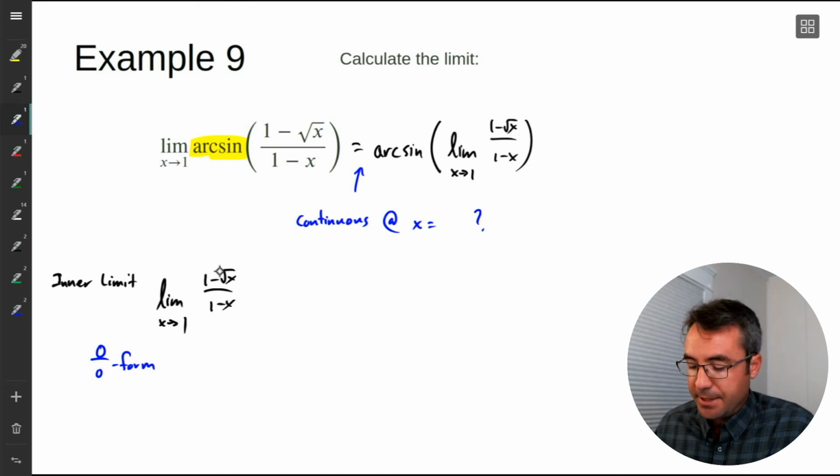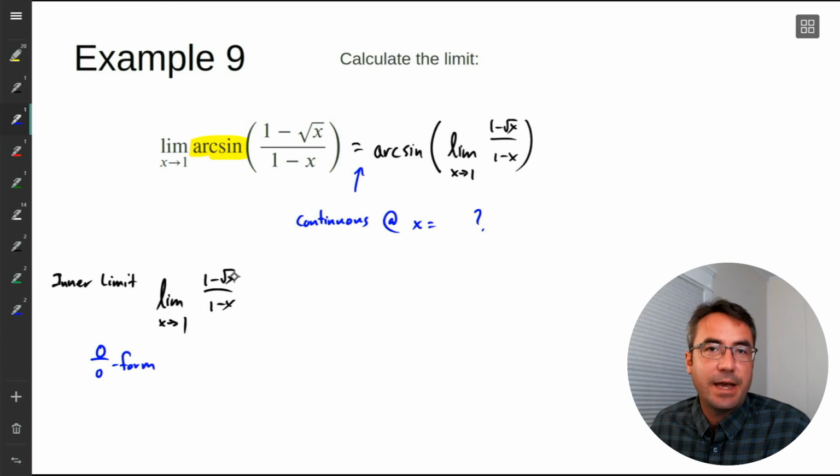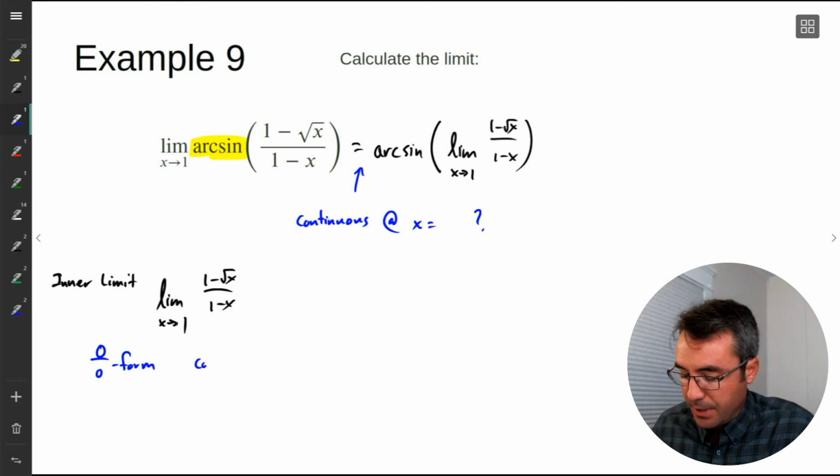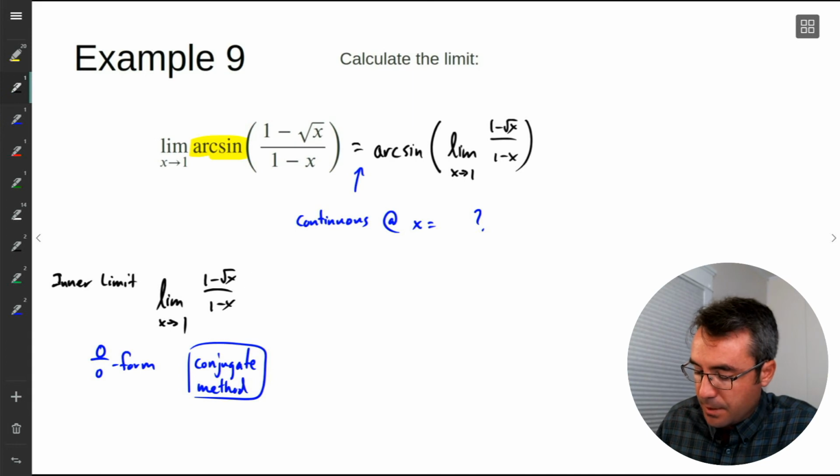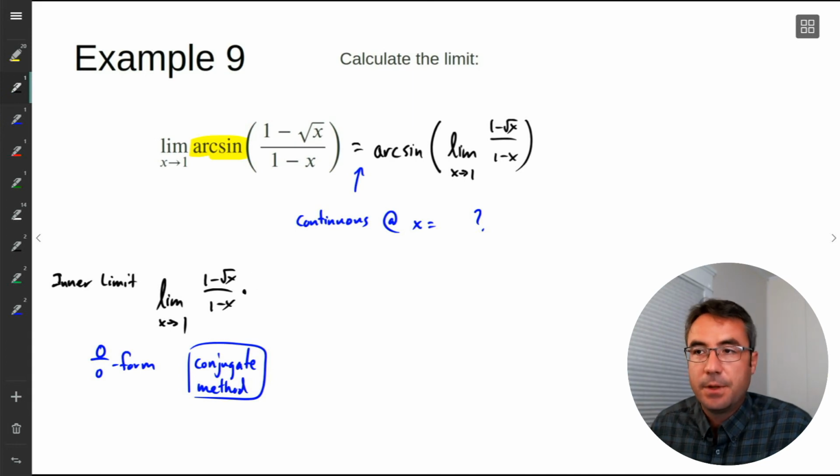And what we see is we have this square root function. So we have a method that helps us when we have root functions like this. We called it the conjugate method. So what we're going to do is multiply by a fancy 1. We're going to multiply the top by the conjugate of the 1 minus square root term.